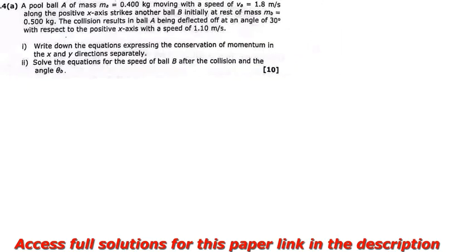The collision results in ball A being deflected off at an angle of 30 degrees with respect to the positive x-axis with a speed of 1.1 meters per second. So there we go.